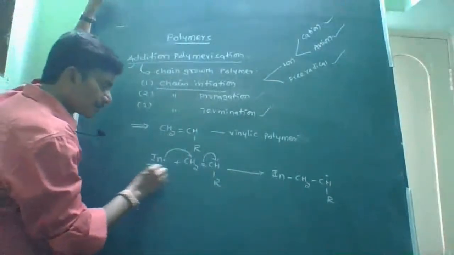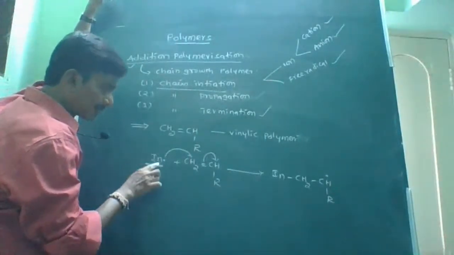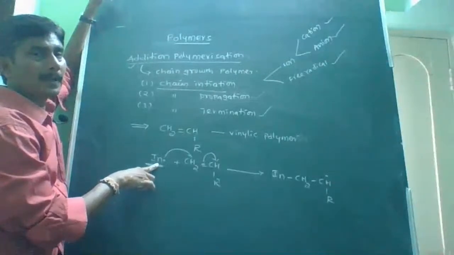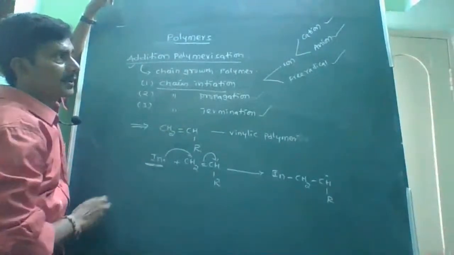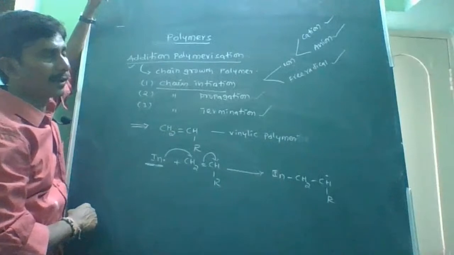So, initiation of the chain, based on radical or ion, is of two types: radical as well as ionic polymerization.